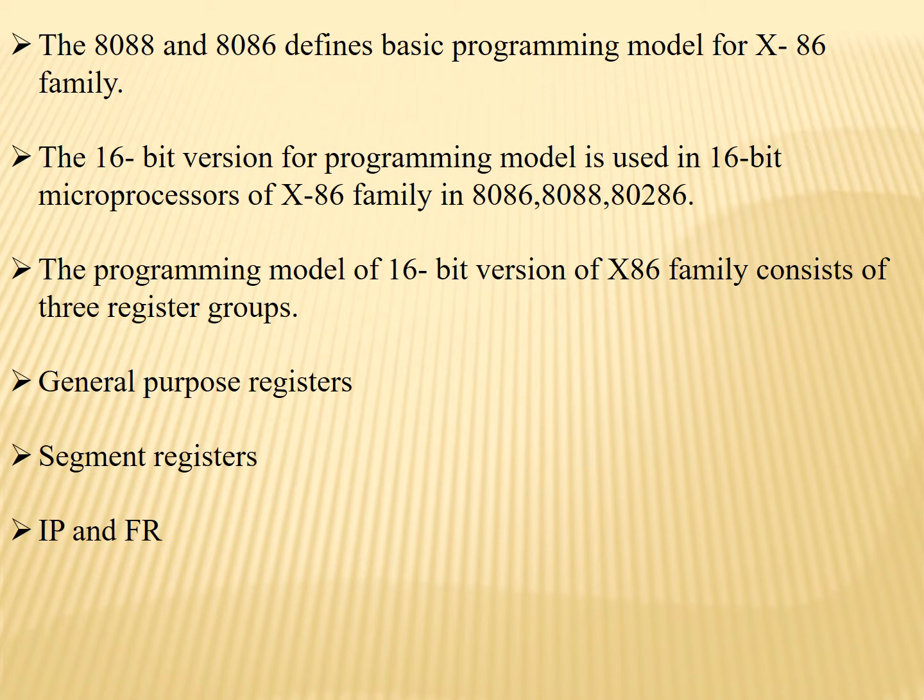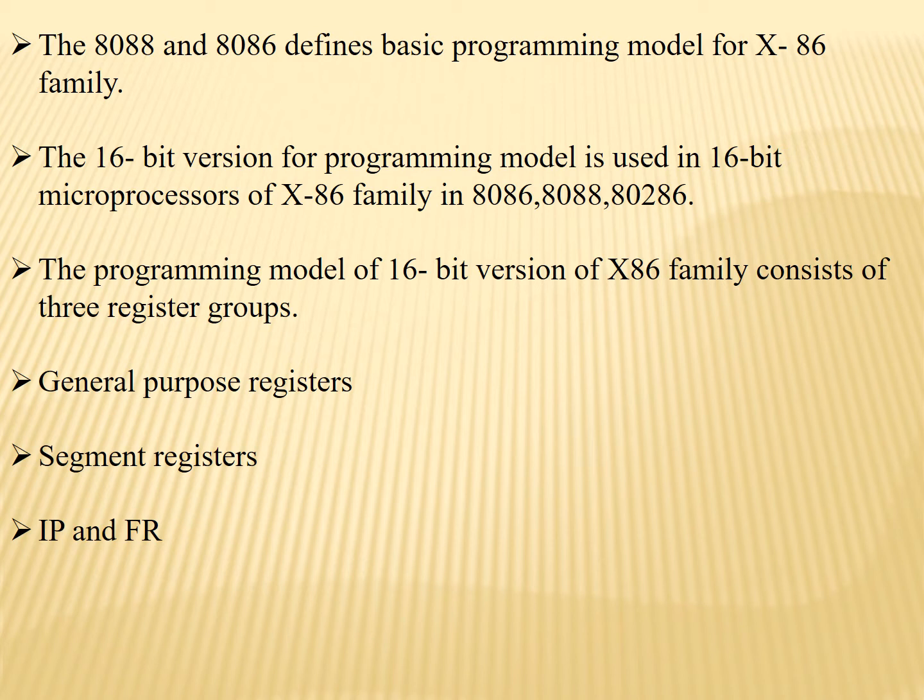The 16-bit version of the programming model is used in the 16-bit microprocessors of the x86 family: 8086, 8088, 80286 and even 80186. All these members follow the same basic model.